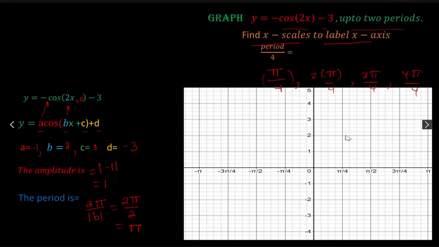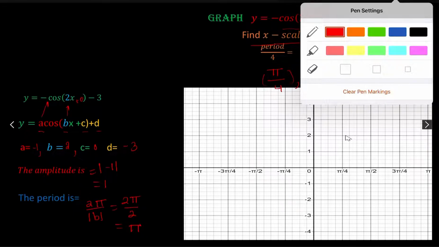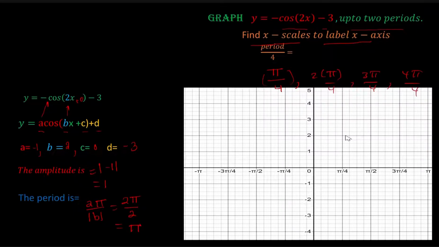Let me take a marker. Once you mark the right side, we mark the left side, and then we also make sure that we label our y-axis, some positive and negative numbers.